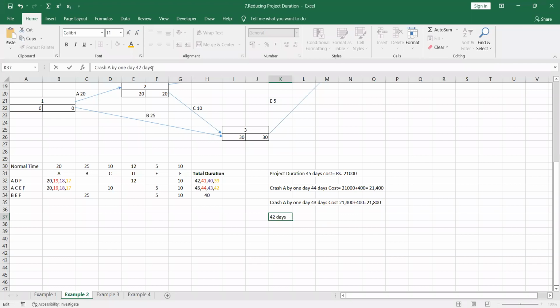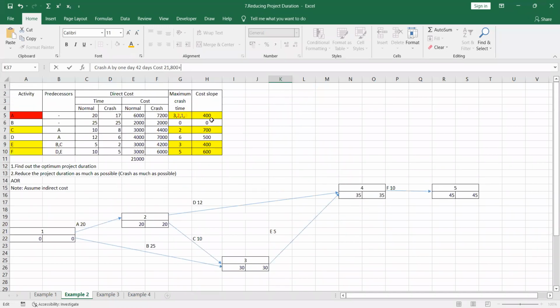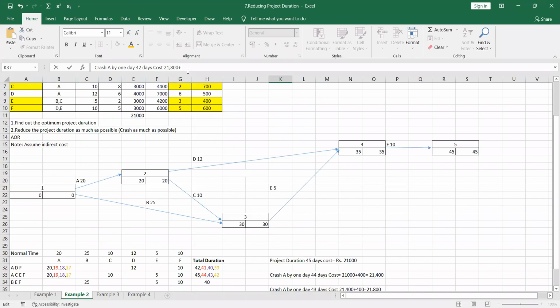42 days. So the cost should be 21,800. For that 21,800, you have to add this 400. So after adding this 400, how much is your value getting? 21,800 adding 400, 22,200.